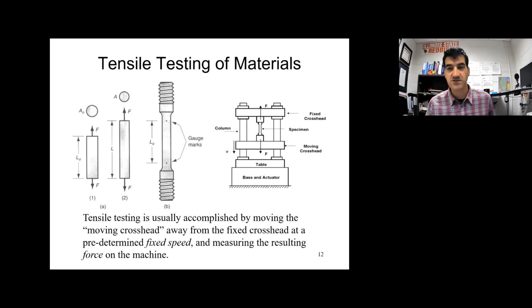What you really do when you do tensile testing is that you hold the part in the jaws, and then you set the machine for how fast to pull it apart. So it is pulling it apart at, say, 1 inch per minute. And then as it's stretching it at a rate of 1 inch per minute, it's measuring how much force is being applied by the part, trying to hold itself together.